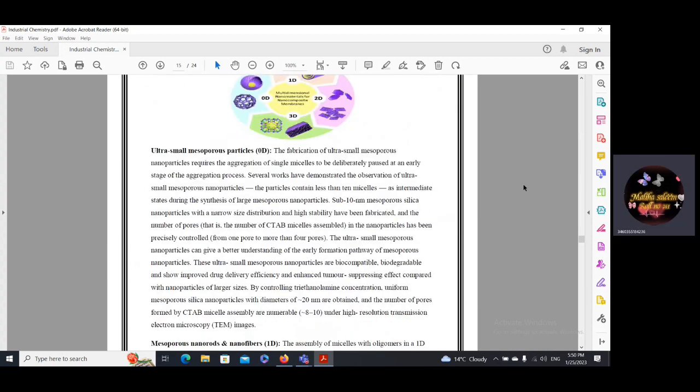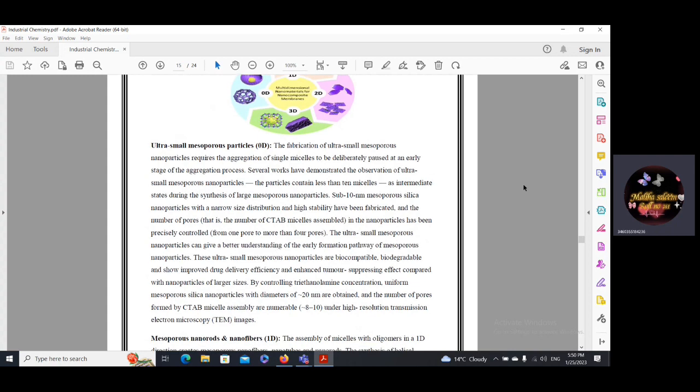First one we discuss, ultra-small mesoporous particles. The fabrication of ultra-small mesoporous nanoparticles requires the aggregation of single micelles to be deliberately paused at an early stage of the aggregation process. Several works have demonstrated the observation of ultra-small mesoporous nanoparticles.